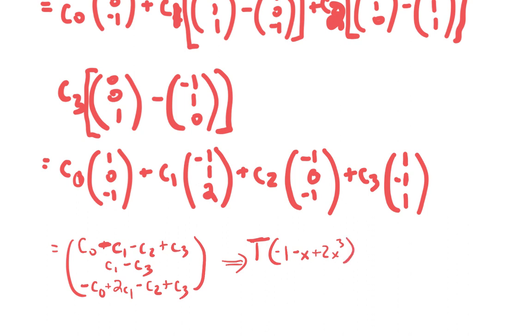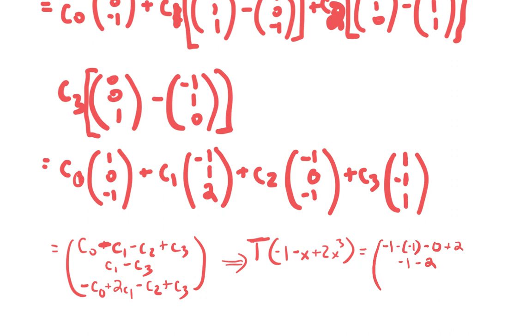So here we have that C0 is negative 1, C1 is negative 1, C2 is 0, and C3 is 2. So this is going to be C0, negative 1, minus negative 1, minus 0, plus 2, is the first thing. Then we have C1, negative 1, minus C3, so minus 2.